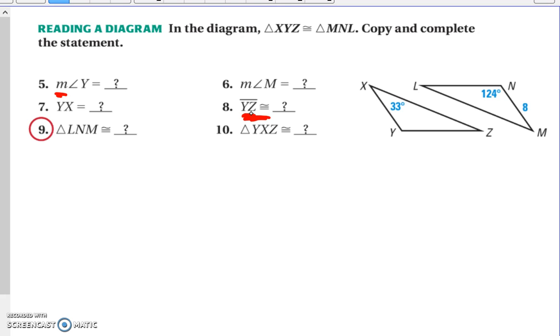I am looking for what segment it is congruent to. So please pay attention to that as you answer the questions. And then 9 and 10 are both congruent statements consisting of 3 letters. Those 3 letters have to match the correct 3 letters in the other triangle.